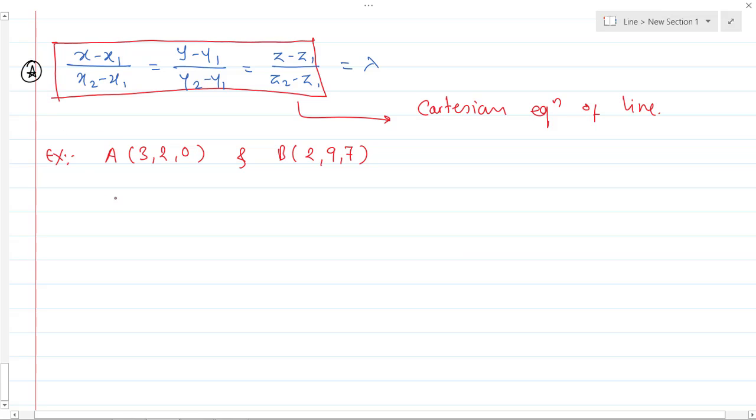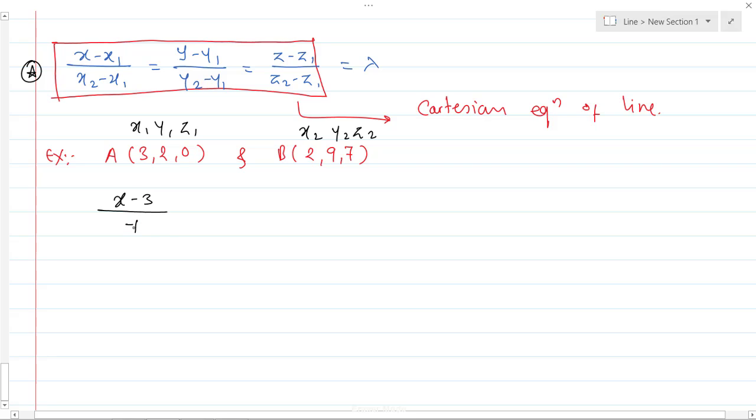So we will be having x minus, see this is x1, y1, z1 and this is x2, y2, z2. अभी exam में a b नहीं देंगे. What they will give? They will directly give you this as the first and this as the second. Whatever the point given as first point, you take that as A, okay. So this will be x minus 3 upon x2 minus x1. So it is 2 minus 3 is minus 1, okay.